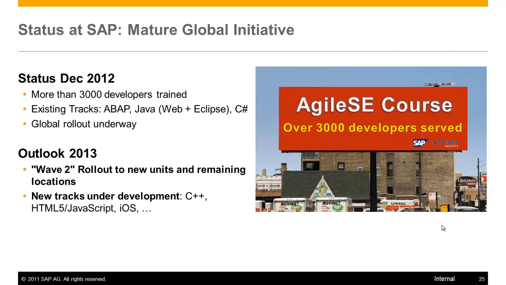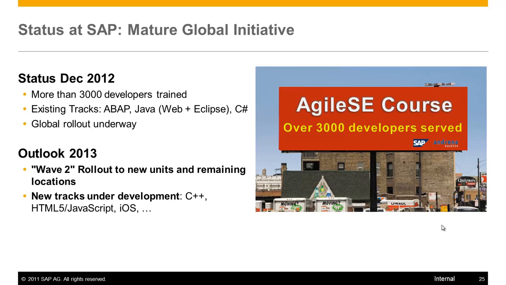The status at SAP now is, as of December 2012, we had more than 3,000 developers trained. There are several course variants out there, up to versions of Java, C#. A global rollout is underway. Some of the units are almost all the way through. So TIP Core, Application Innovation, Globalization Services, On Demand is also rolling, and other ones are starting now.